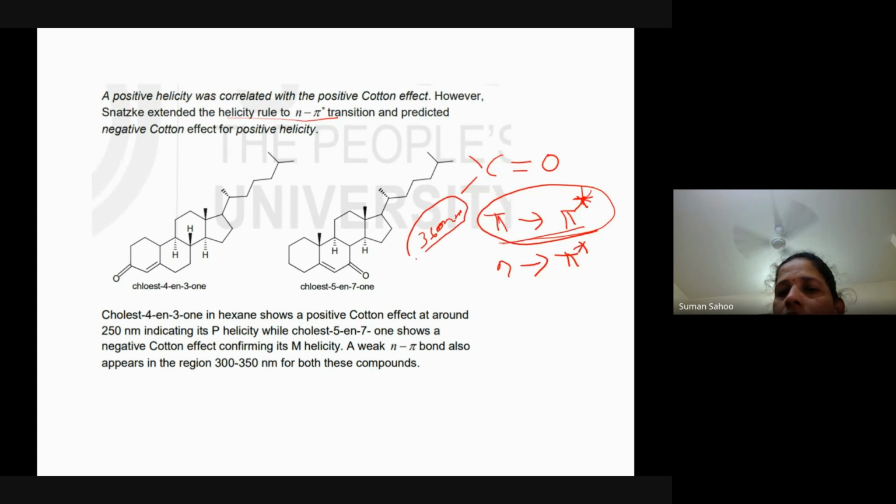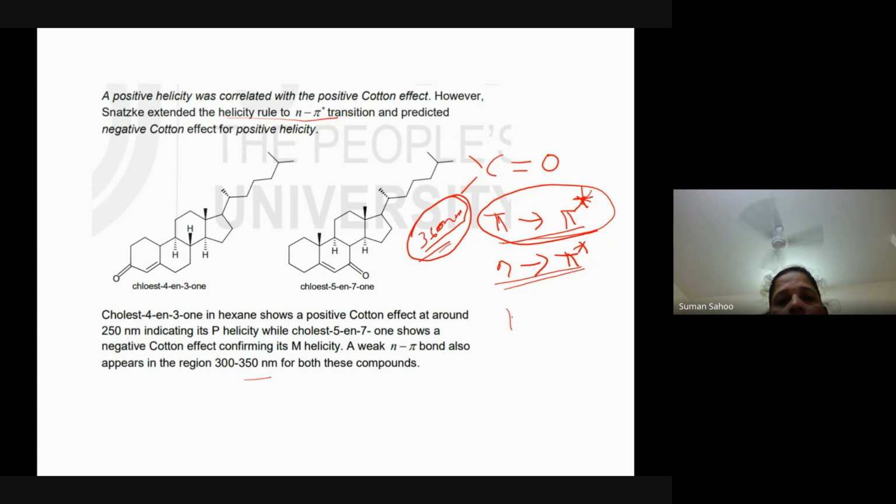So when he did the Cotton effect curve around this 360 nanometer region, he got a positive Cotton effect for P helicity and a negative Cotton effect for M helicity. But in the case of the n-pi star transition, which occurs at 300 to 350 nanometers, he got a difference.